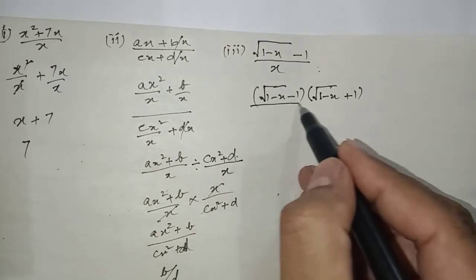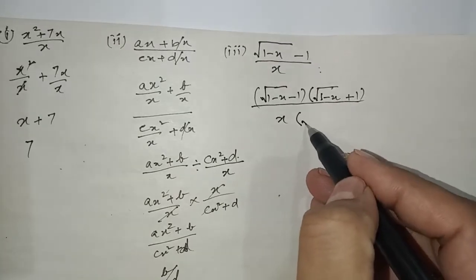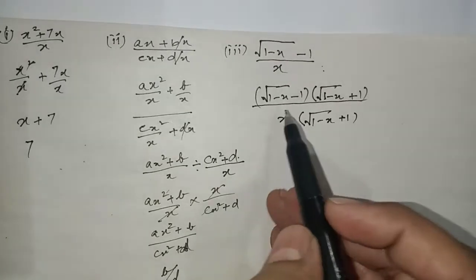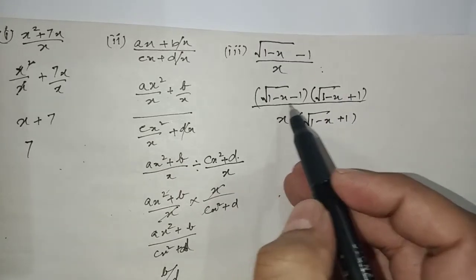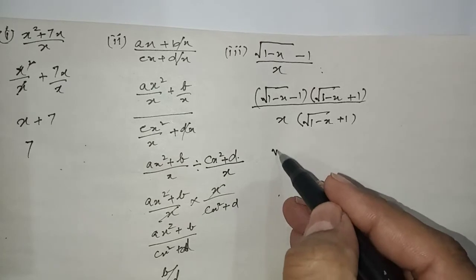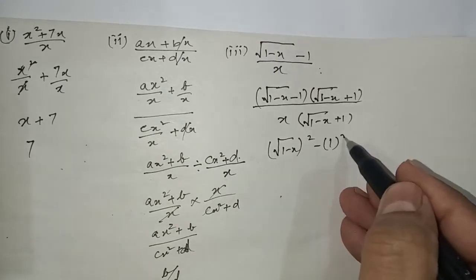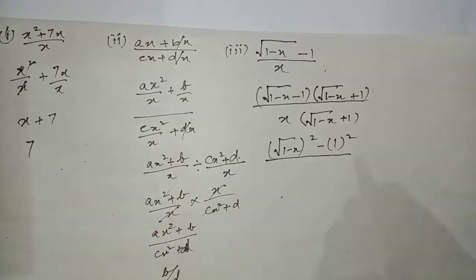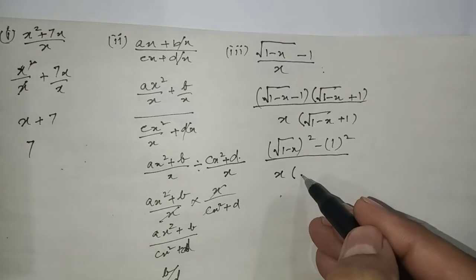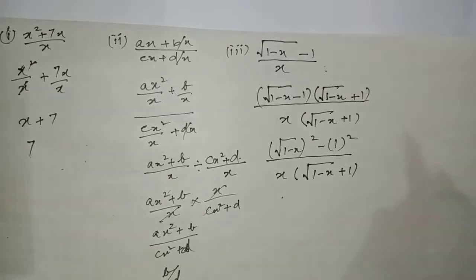The same conjugate will be multiplied by the denominator also, square root of 1 minus x plus 1. And you know that (a minus b) multiplied by (a plus b) can also be noted as a square minus b square. So your numerator will look like this, and in the denominator you have x multiplied by (root 1 minus x plus 1).